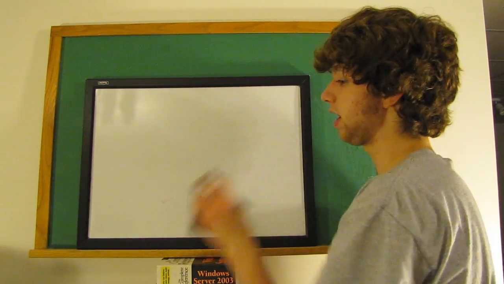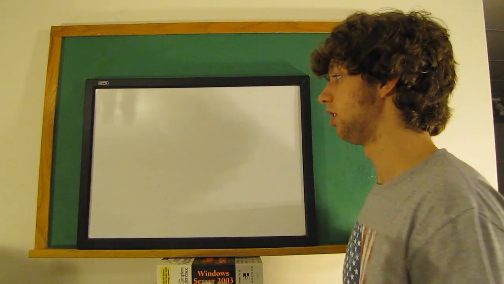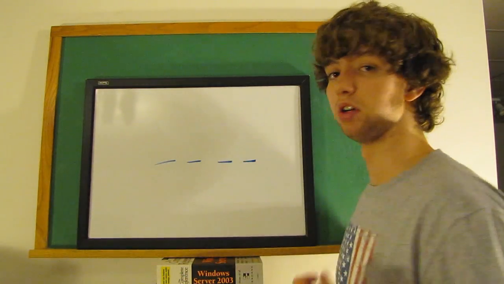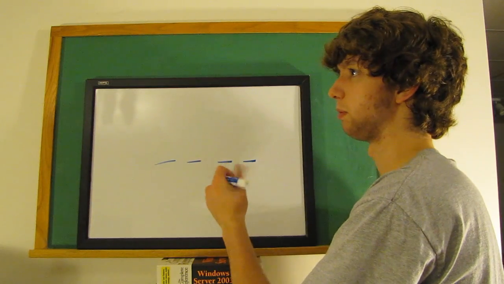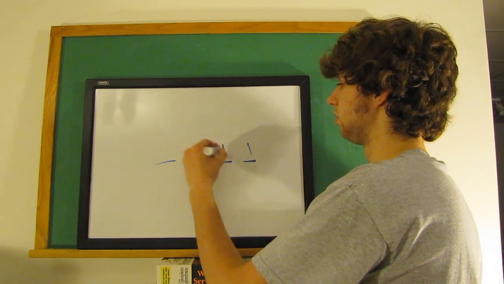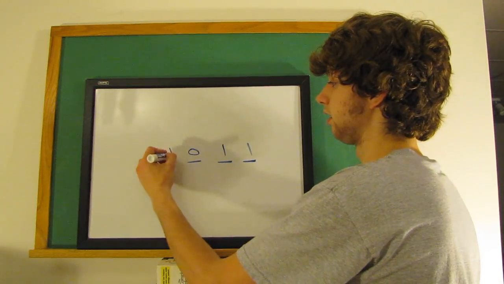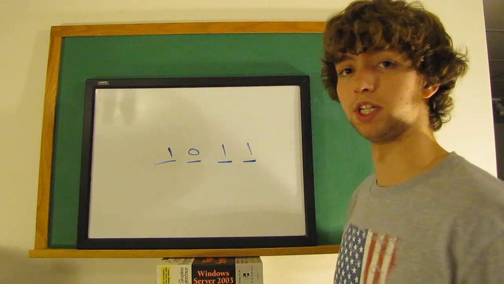And to create multiple possible values, we have to add multiple place values, that's the word I was looking for. So we could have 1, 1, 0, 1, to represent more unique values.